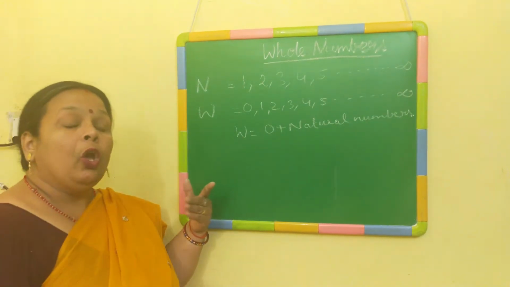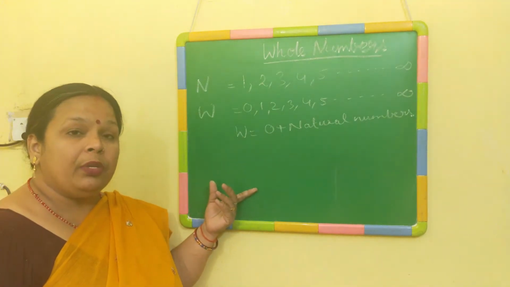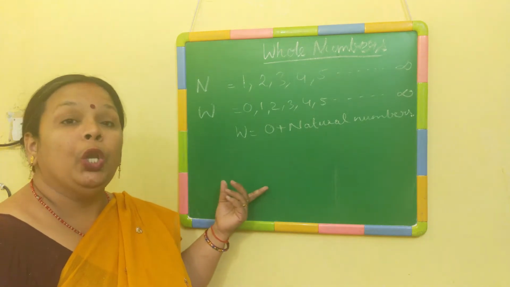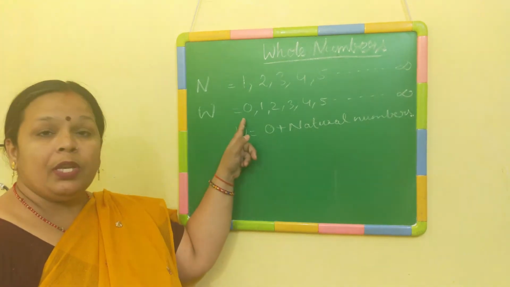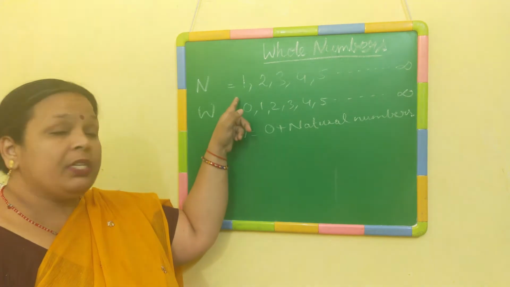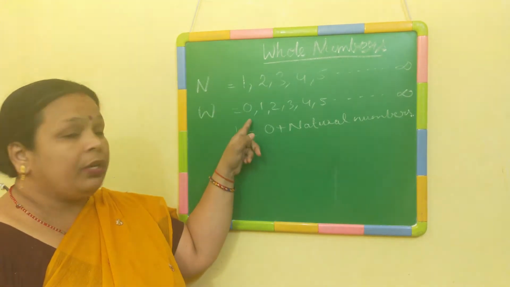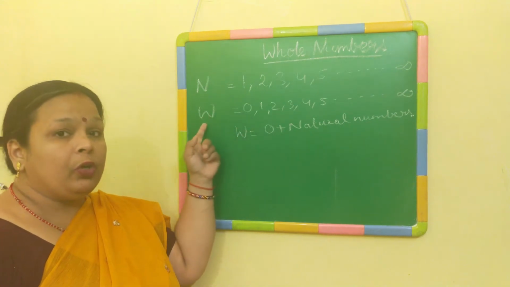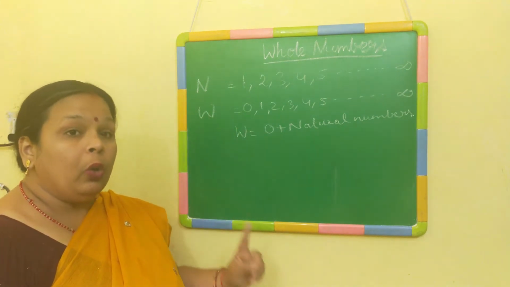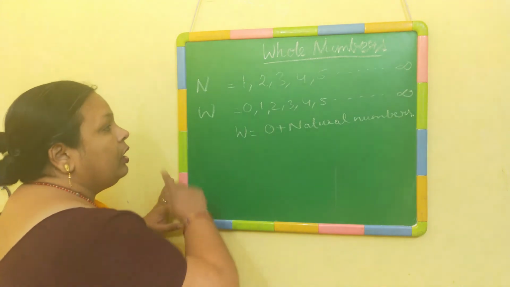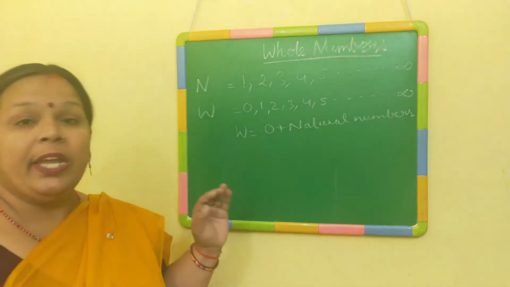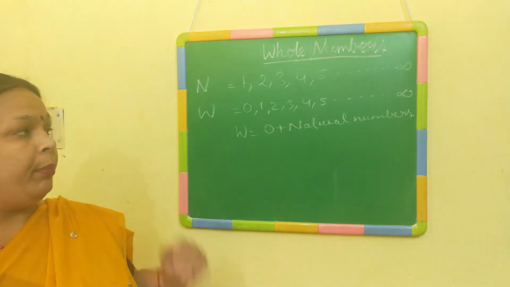If we say all whole numbers are natural numbers, then the answer will be no, because we have a number 0 which is not present in natural numbers. So, when we added natural numbers with 0, we got whole numbers. Therefore, all whole numbers are not natural numbers, but all natural numbers are whole numbers.